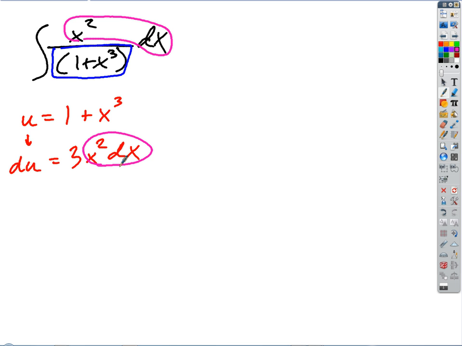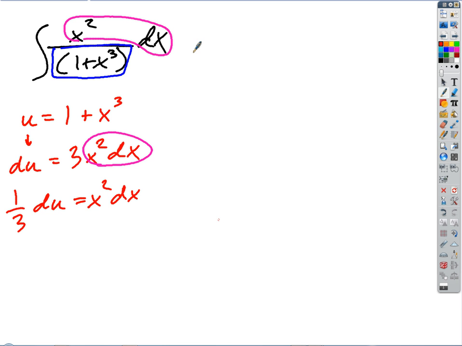So what is x squared dx equivalent to? 1/3 du. Yeah, so we can replace the x squared dx with our 1/3 du. Okay, so now what does our substitution become?